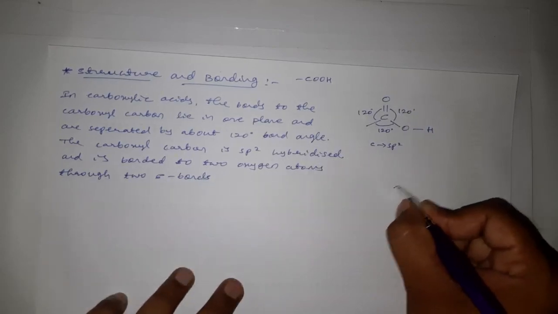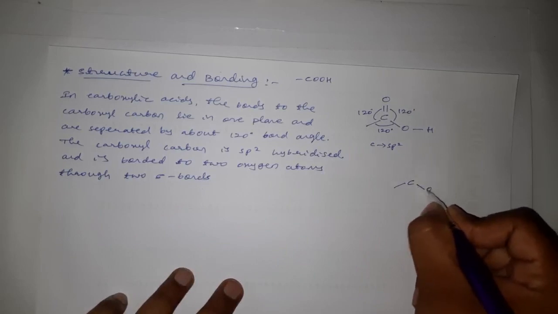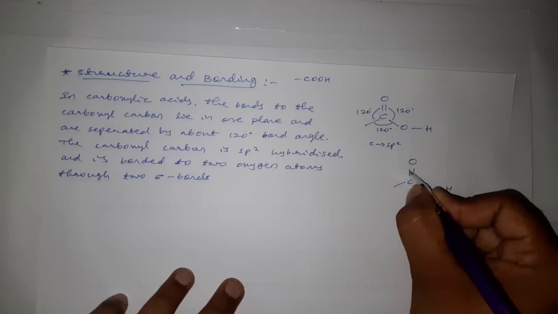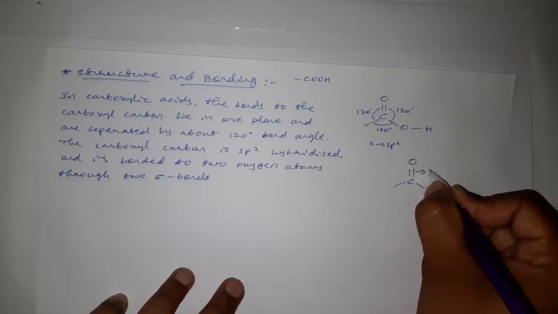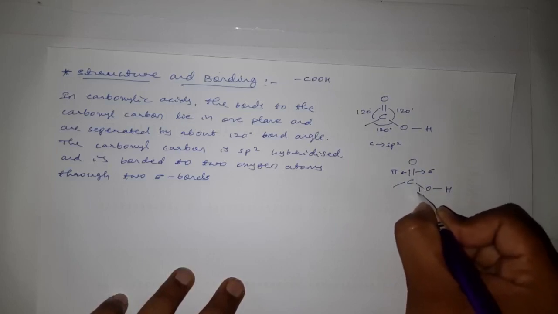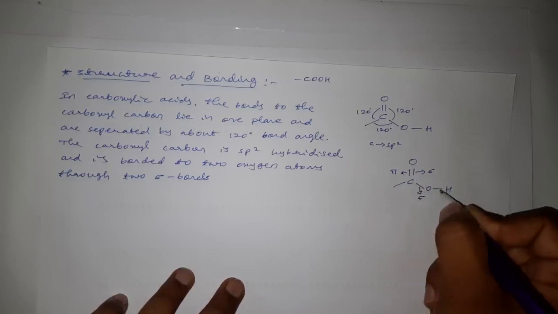See here, carbon, this is one oxygen, this is another oxygen. Here two bonds means one is a sigma and another is a pi bond, and this is also a sigma bond.